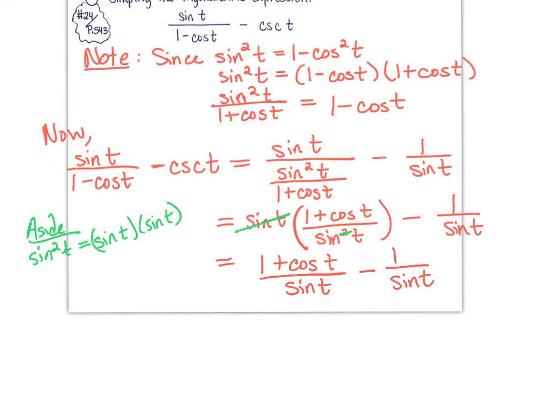Subtract them. Subtract your numerators. What do you have? Cosine of t, and that will be all of that over what? Sine of t. Good. And what's cosine of t over sine of t? Cotangent of t. Good. So we simplified that expression. Simplifying that expression yields cotangent of t.